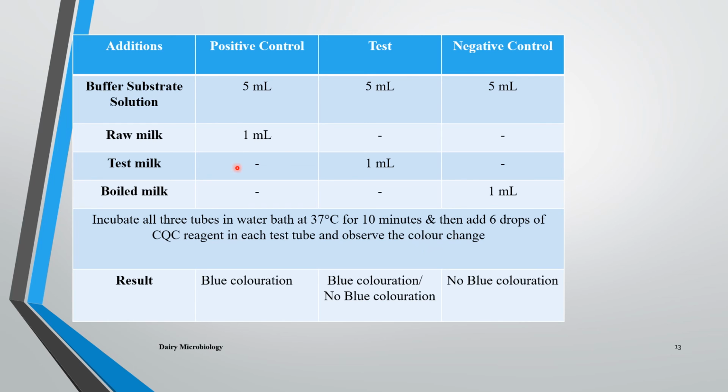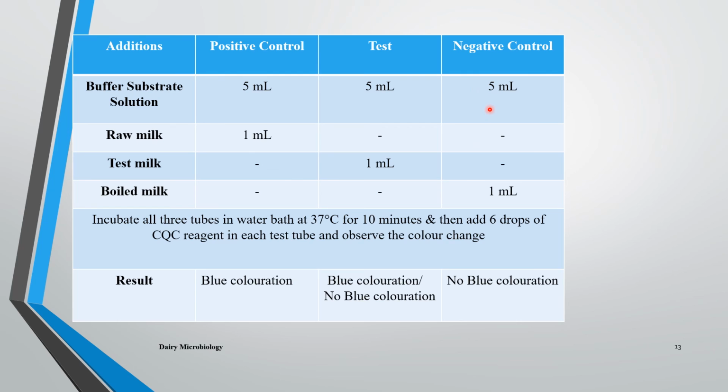Now the positive control contains the raw milk, means it contains the phosphatase enzyme. When phosphatase enzyme is present, it will act on the substrate, convert it into the phenol, and after addition of the CQC reagent, that phenol will get converted to the indophenol blue. So blue coloration will appear after incubation.